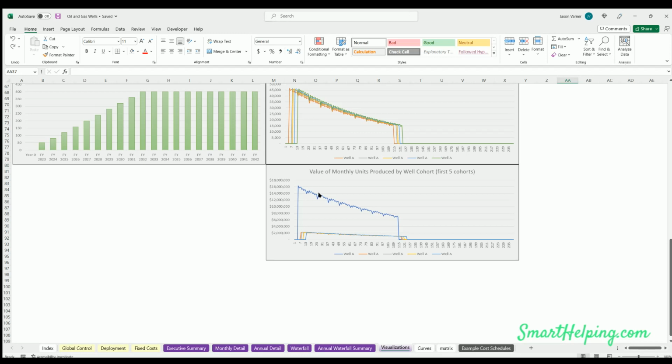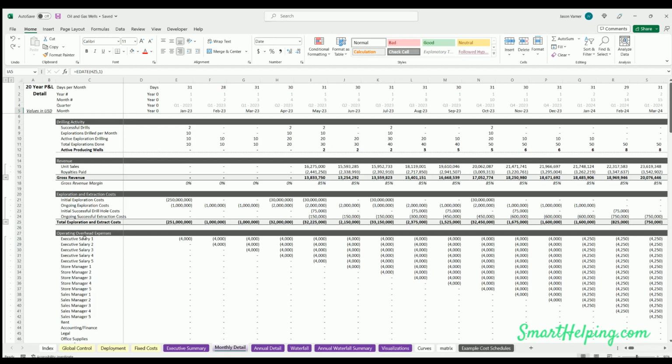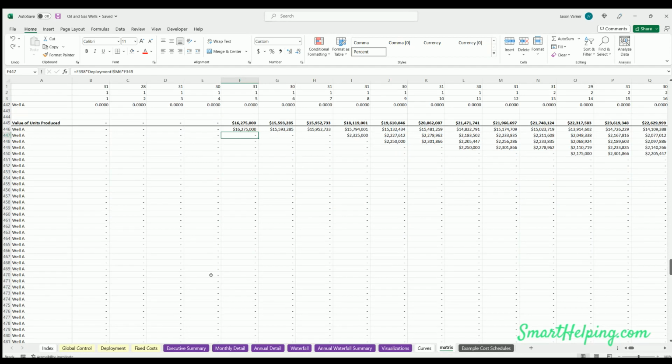Now these big drops here, I'm assuming this is just a lower month because it is based on the days in the month. So period 26 well A, let's look at that real quick and just see. I go to my matrix, well A, period 26.